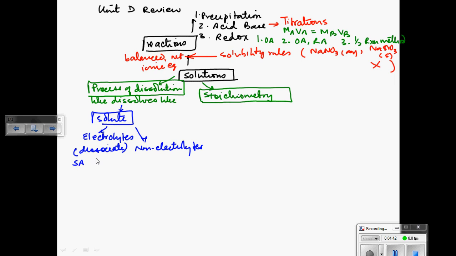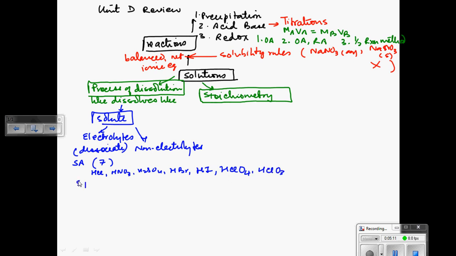Generally your strong acids. Remember your 7 strong acids. What were they? HCl, HNO3, H2SO4, HBr, HI, HClO4, and HClO3.